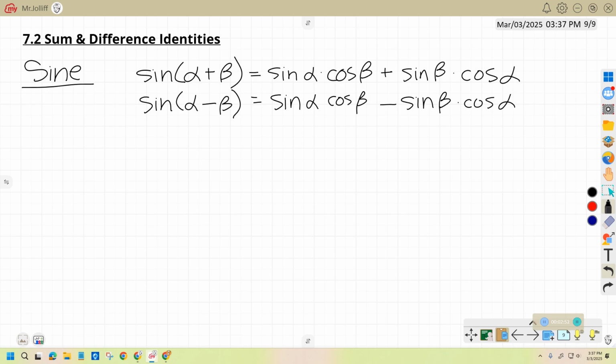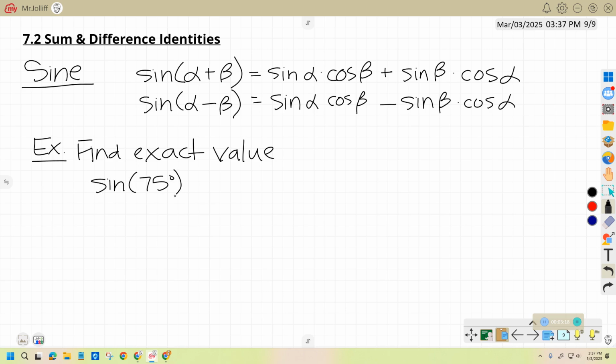The other example is the one we're going to tackle, which is what happens when I'm asked to find an exact answer of an angle that I don't have on the unit circle. For example, what if I want to know what sine of 75 degrees is?